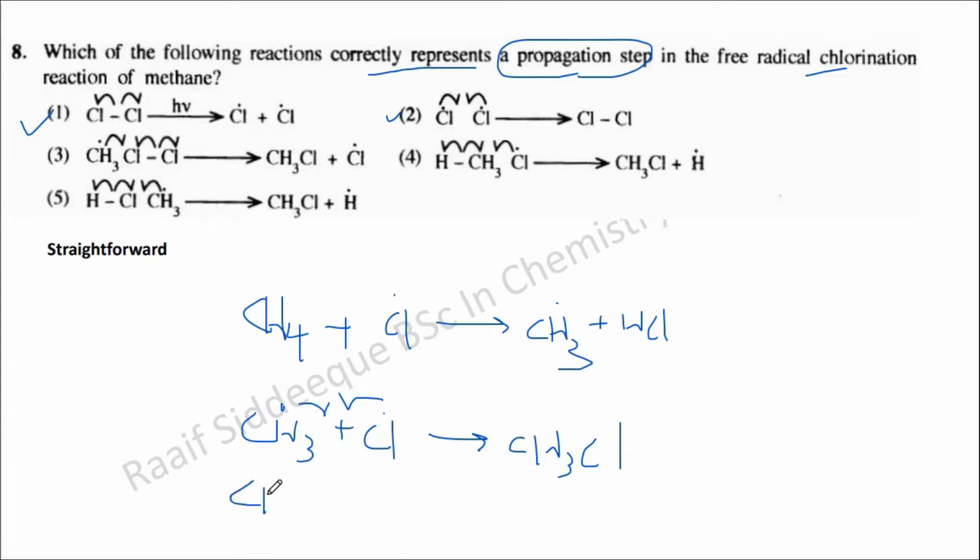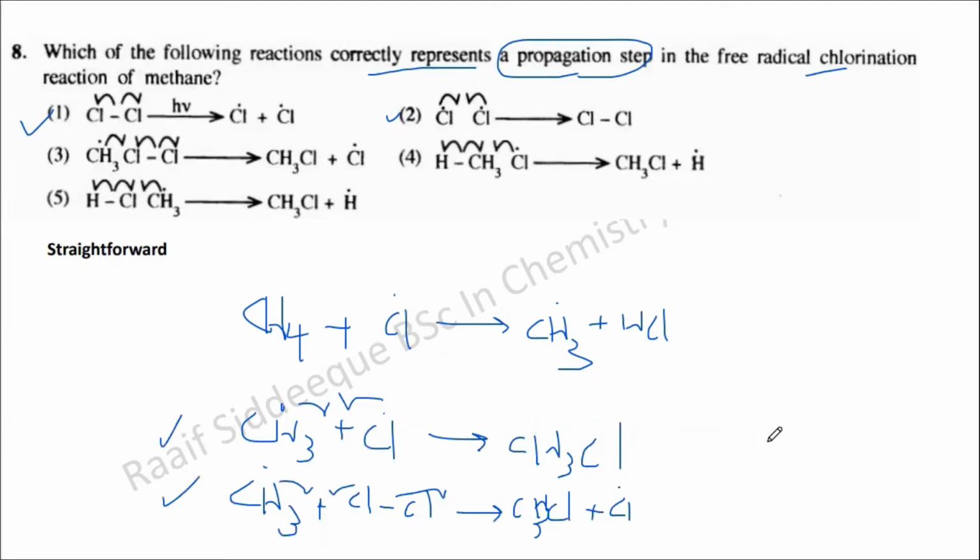But this CH3 radical also can be attacked by a Cl2 molecule like this, forming again CH3Cl plus Cl radical. Now tell me which step is going to happen.